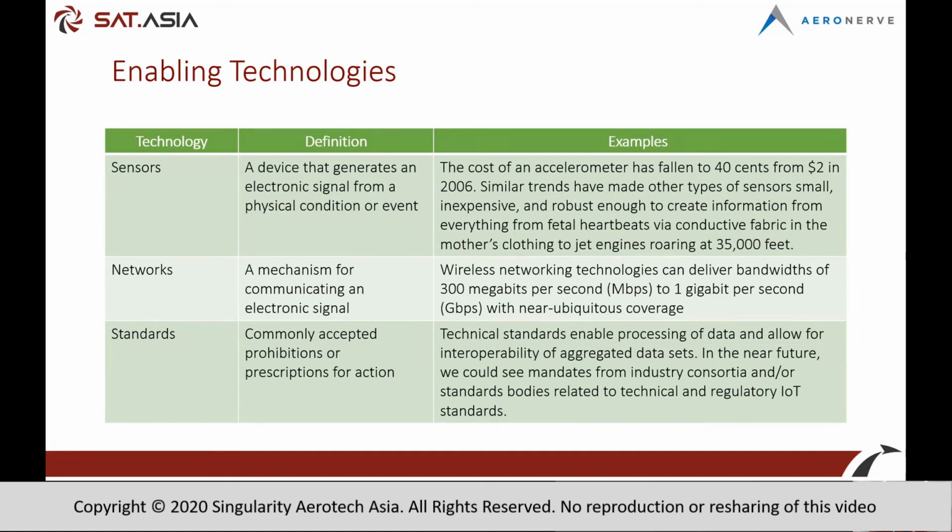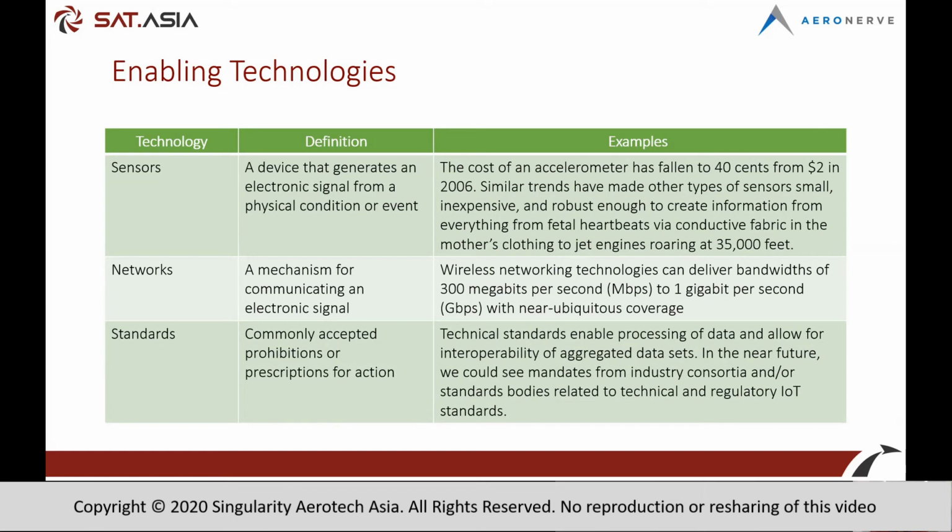Wireless networking technologies have made tremendous advances. They can now deliver big data bandwidths, 30 megabytes to 1 gigabyte per second, and you can have that connection almost everywhere with 4G, and now we are looking at 5G, which is 10 times more powerful than 4G.